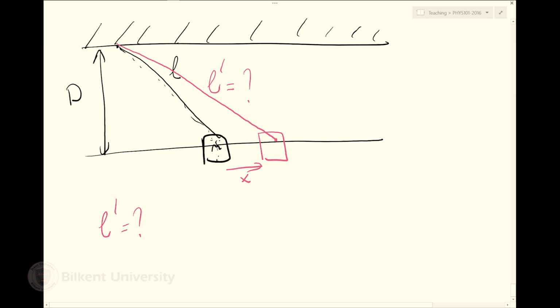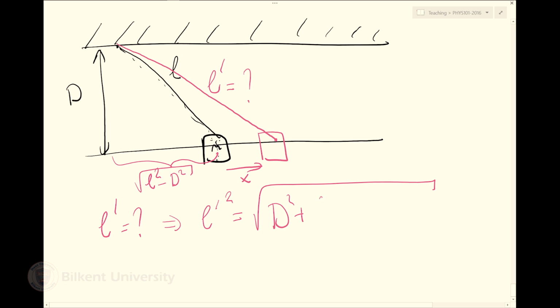L prime is what? Well, I have geometry which tells me that this distance is the square root of L squared minus d squared. So L prime squared must be d squared plus the square root of L squared minus d squared, plus x, all squared. You're right. L prime is equal to that.